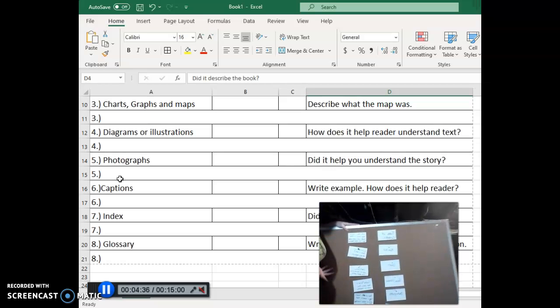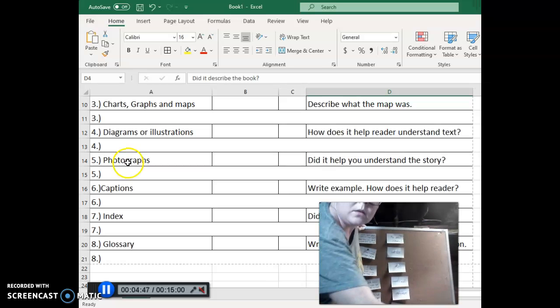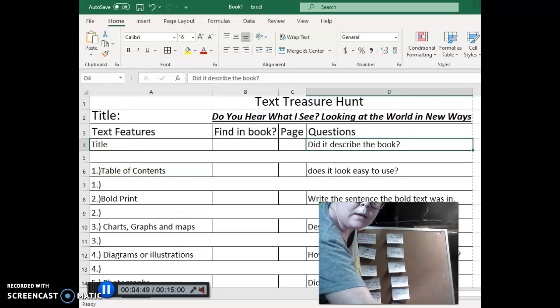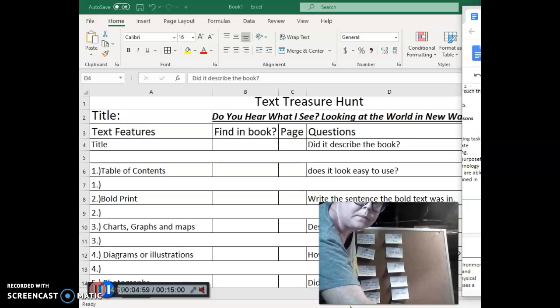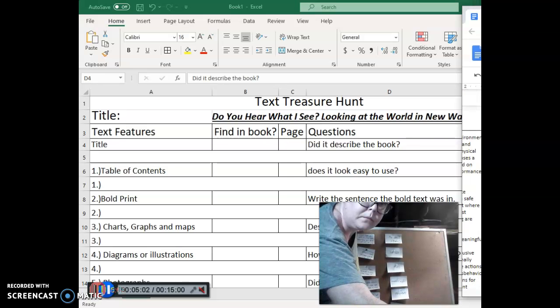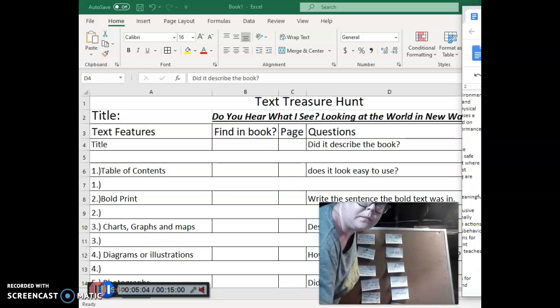You're going to be working with your partner, filling out the rest of these. Before we do that, though, I'd like to do one more as a class. So, all right.